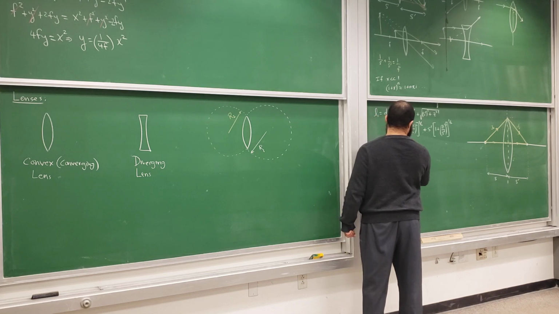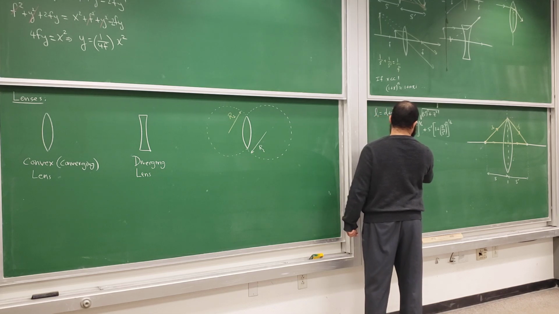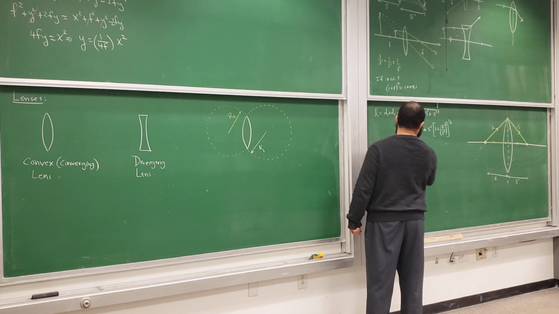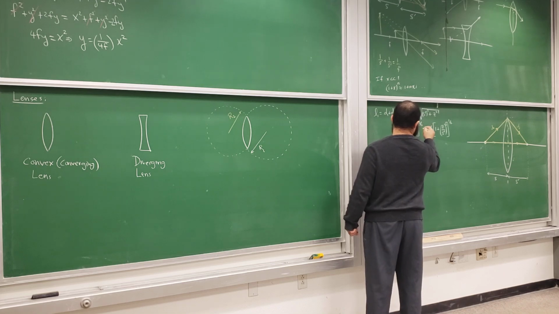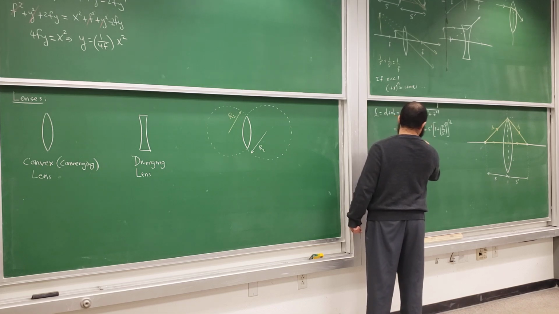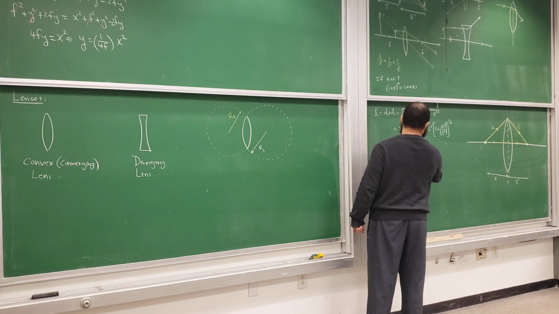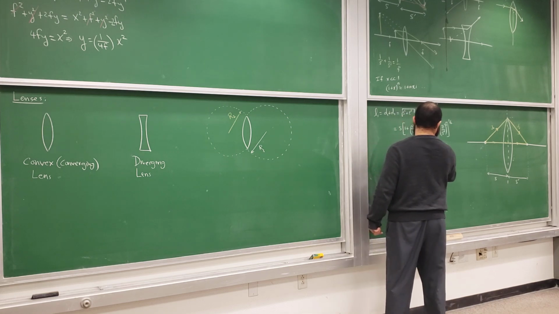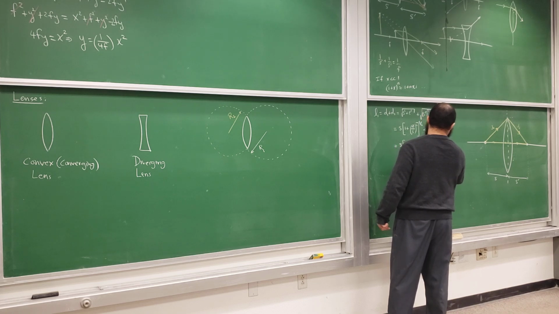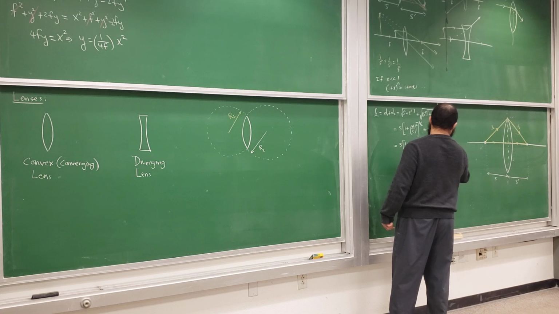So I have S times (1 plus 1/2 times (Z over S) squared), and then plus S prime times (1 plus 1/2 times (Z over S prime) squared). I forgot the 1/2 again.